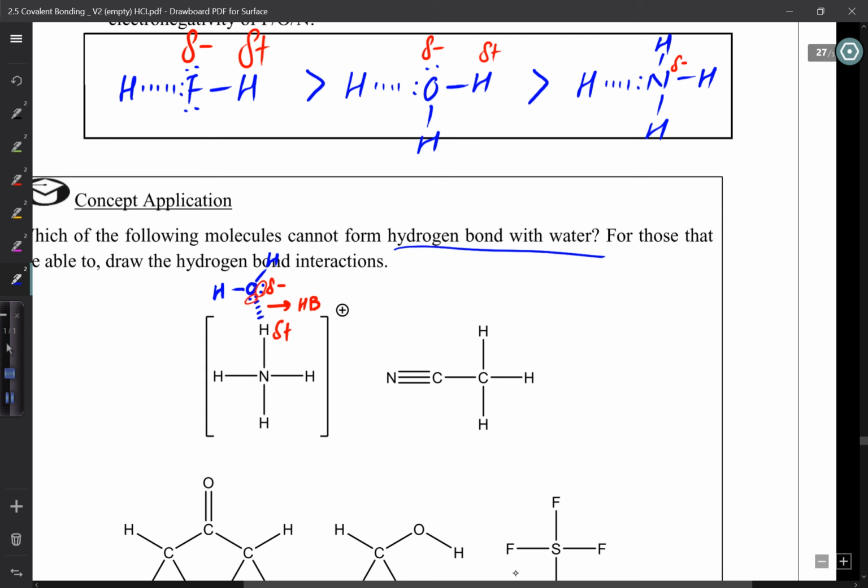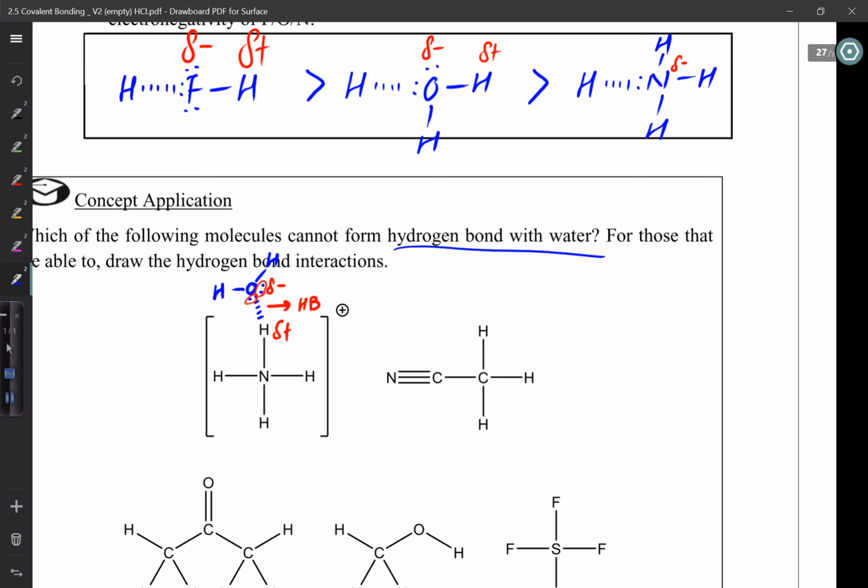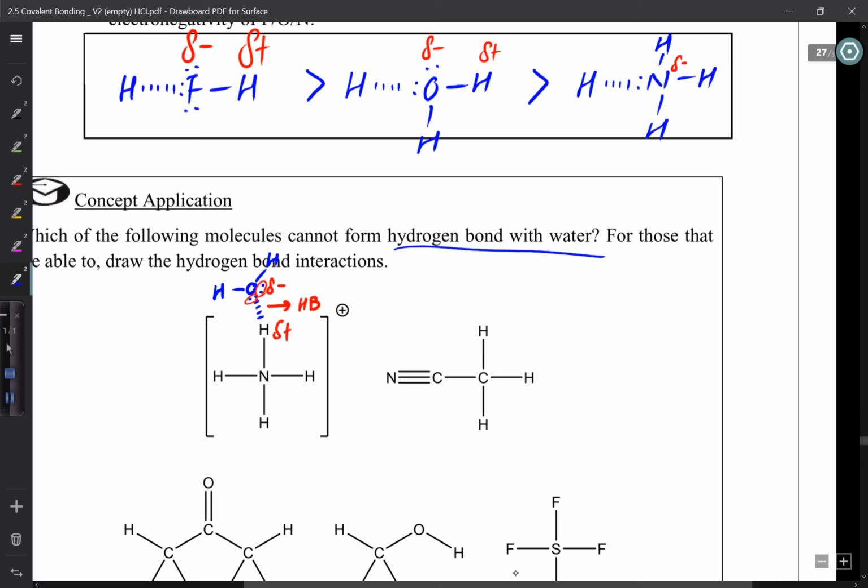No, right? There's no lone pair. Although there's an H connected to N, there's no lone pair anyway. So if let's say you have another of these molecules, it cannot interact with itself via hydrogen bonding. Why can it form with water but not with itself? Because water has a lone pair.